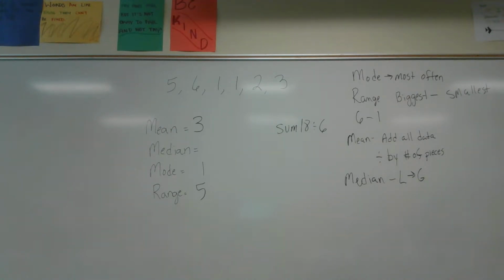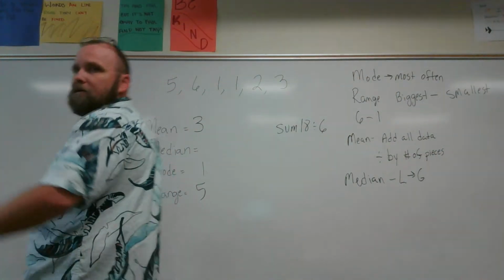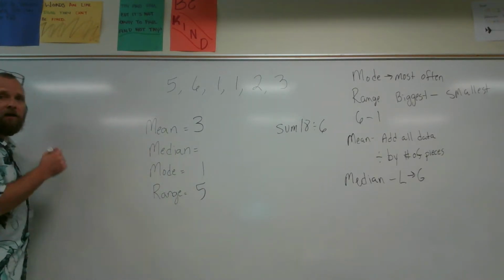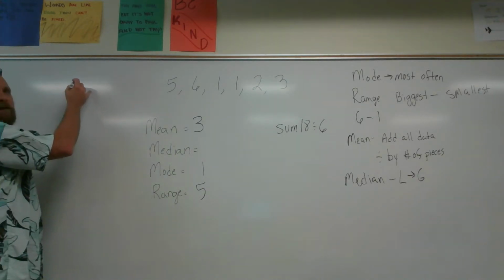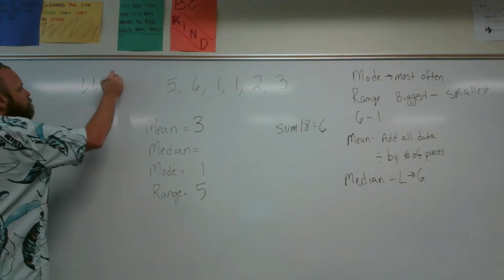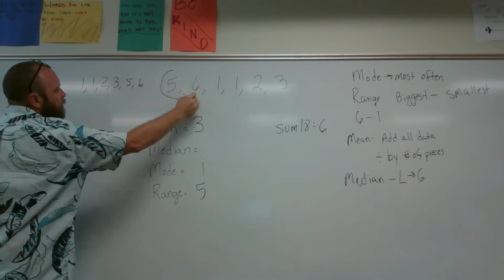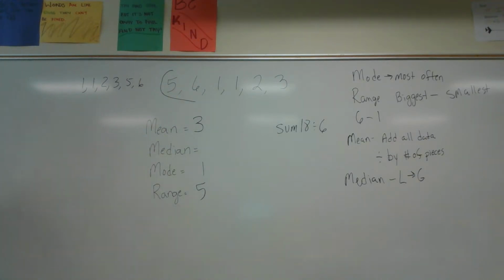First, record the data set from the smallest to the largest. Excellent. That's where we're going to start, listing it in order from least to greatest. 1, 1, 2, 2, 3, 5, 6. Why can't it be greatest to least? It can. Doesn't matter.